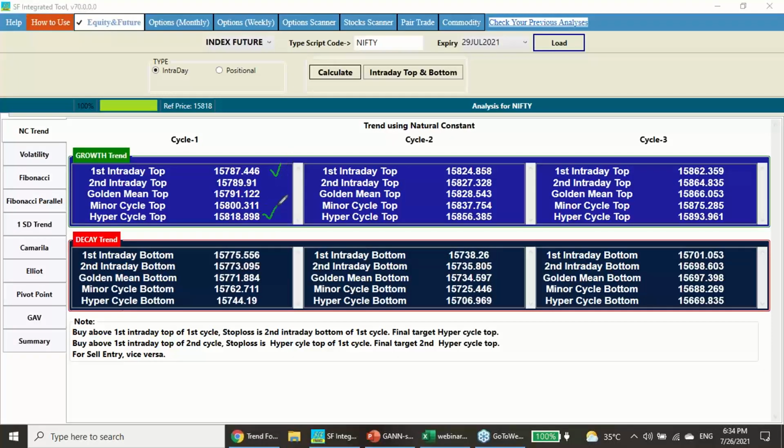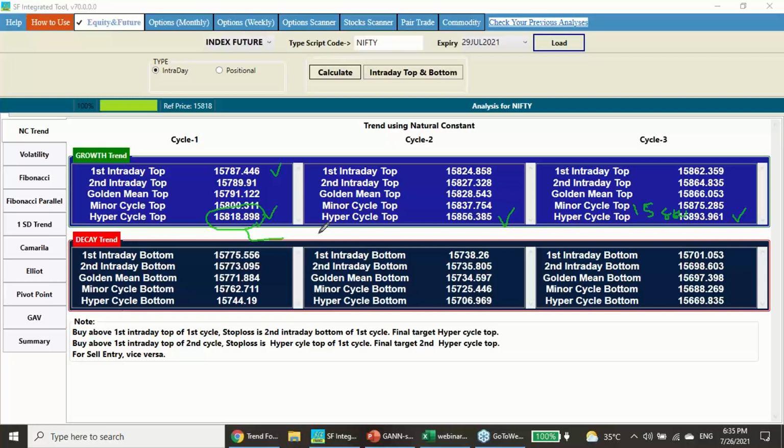Here 818, one cycle completes; 856, another cycle completes; 894, one cycle completes, and the reversal is happening from 15,880. The closing, or the last traded price, is exactly 89 paisa below the hypercycle, because here the volatility is a real-time volatility calculated on a real-time basis.